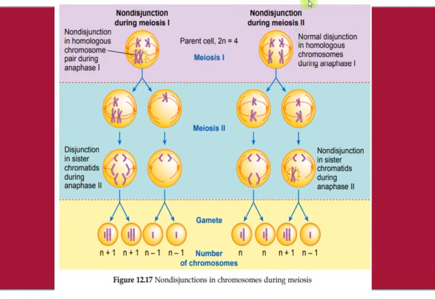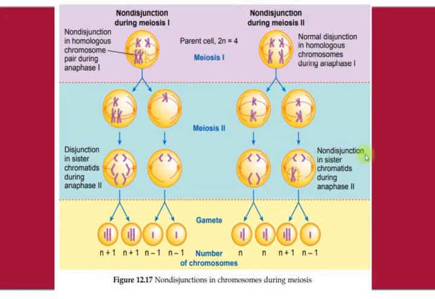Alright, so in non-disjunction during meiosis 2, what happened here? There is normal disjunction of homologous chromosomes during anaphase 1, whereby the homologous chromosomes separate to the opposite poles normally. And then in meiosis 2, what happened here?